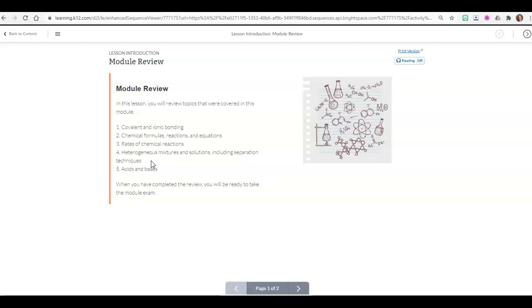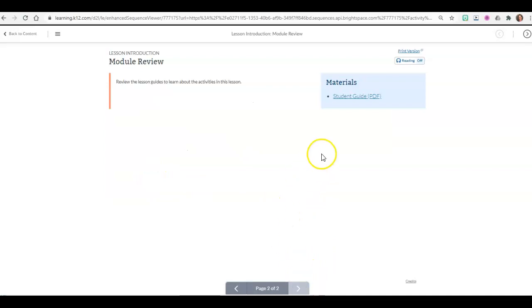Remember those mixtures and solutions and know the difference in the heterogeneous and homogeneous mixtures. And also all of the separation techniques that were covered. And then we also want to make sure you understand the difference in the pH of an acid and a base. And once we get through this, you should be set to take your test. There is a student guide. Nothing in it is required to be submitted for grading.